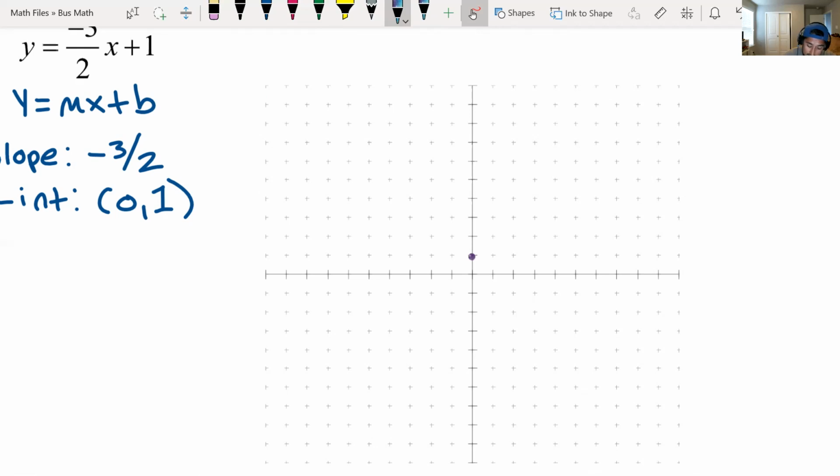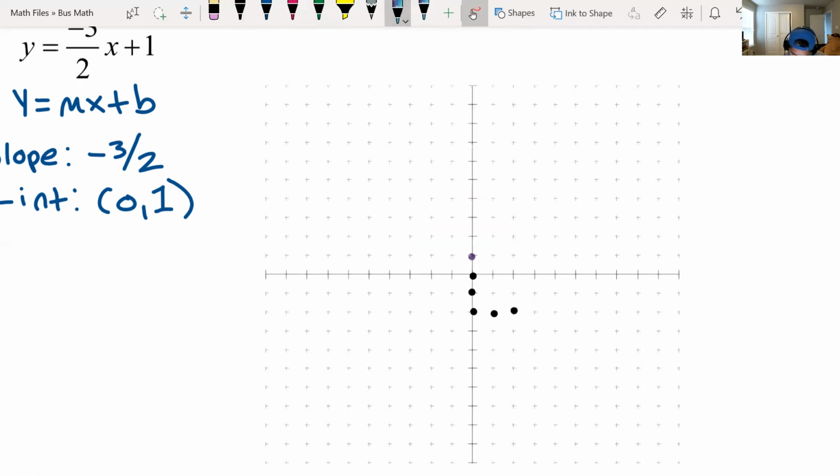So I'll do that in another color. Let's do black. So I'm going to go down 3 from my y-intercept: 1, 2, 3. And I'm going to go over 2: 1, 2.